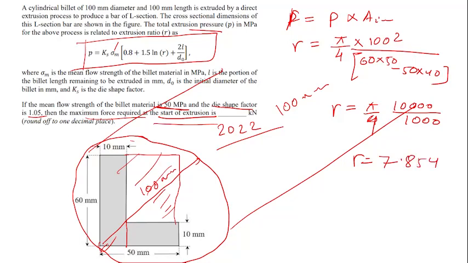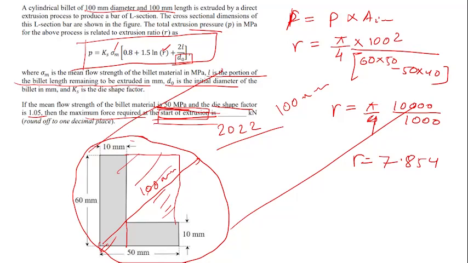So now you know R also. D naught is already given. D naught is the initial diameter, which is given here. And next is L. L is the portion of the billet length remaining to be extruded, in mm. So tell me, at the start of the extrusion, what will be the length remaining to be extruded?